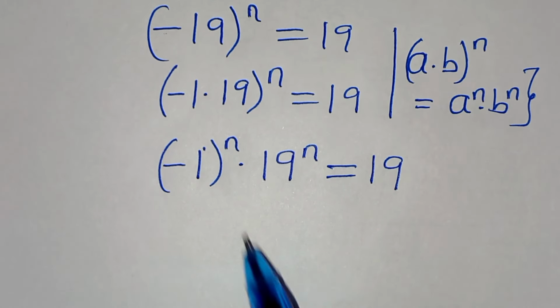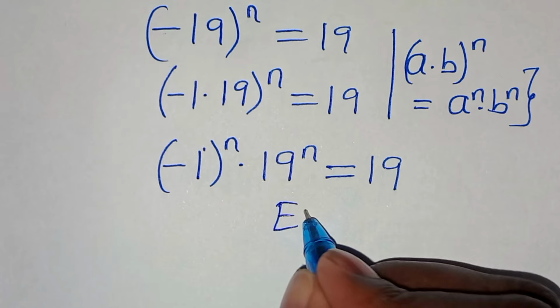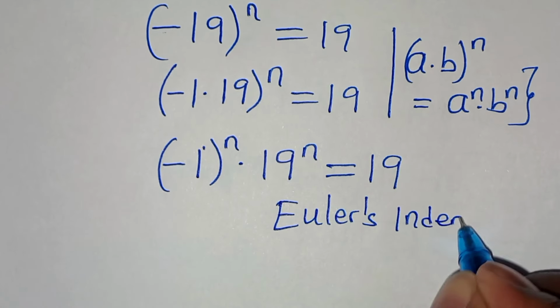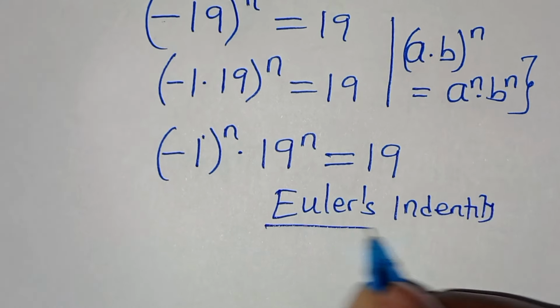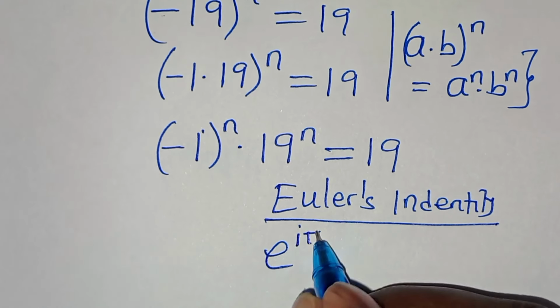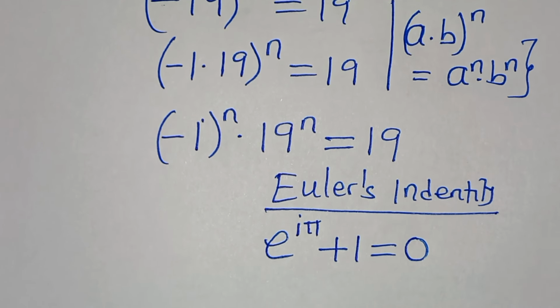Now, the next step from here, we can apply Euler's identity, which states that e^(iπ) + 1 = 0.